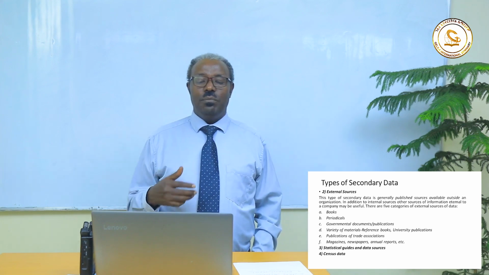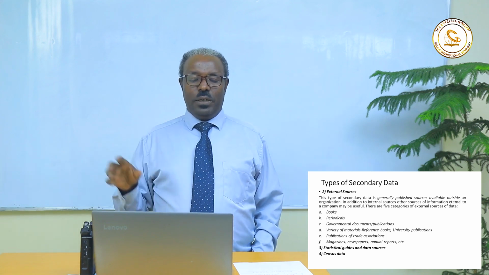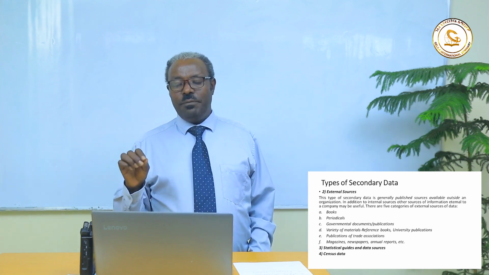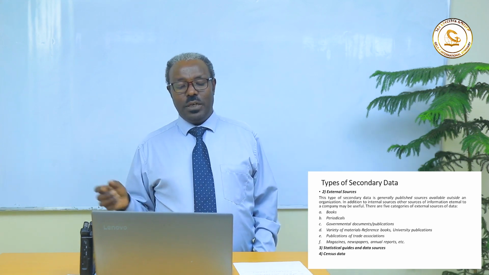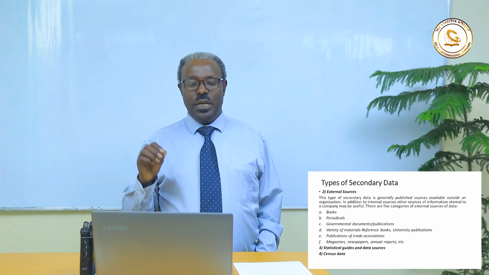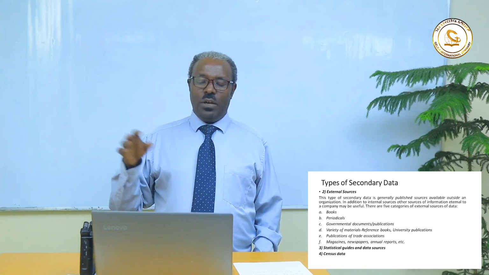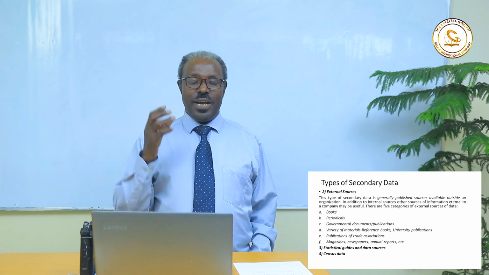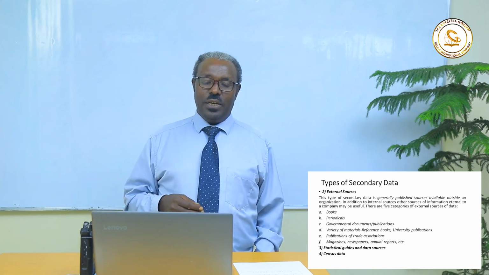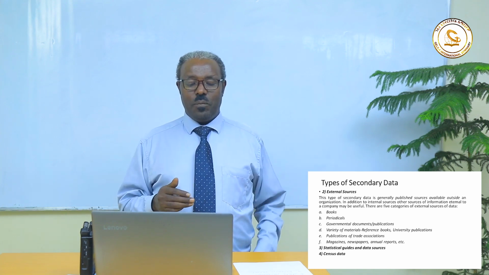For example, books, periodicals, government documents or publications; a variety of reference materials; publications of trade associations; magazines or newspapers; annual reports, and so on. These are the external sources of secondary data.